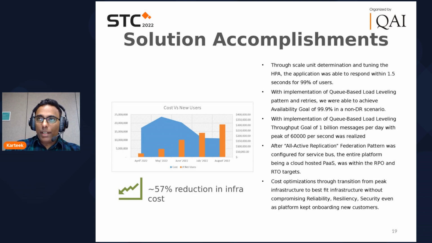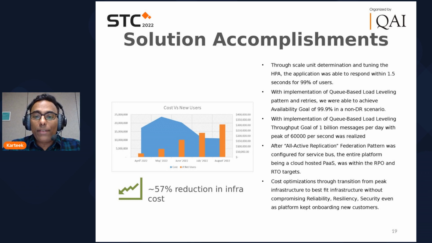Through this implementation, we have certain outcomes that we were able to meet. We were able to meet 1.5 seconds for 99 percent of users only. Our target was 99.95, but we were able to meet it for 99%. Though we did not meet it, we have plans in place and we are working towards meeting that target as well.